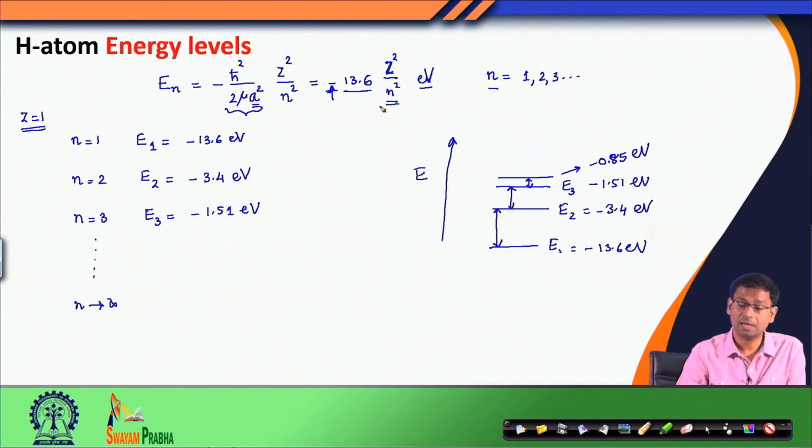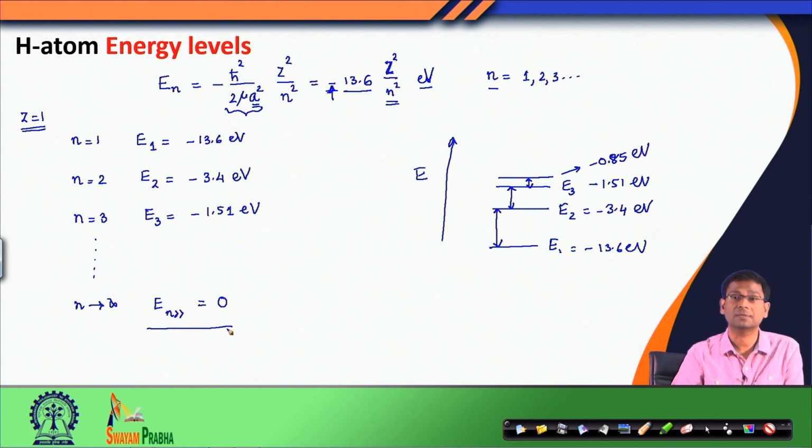Then you see that we have this energy expression with the 1 over n square term, so this energy becomes 0. For all other energy levels where n has any finite value, the energy will be negative, and when n goes to infinity, this will become 0.